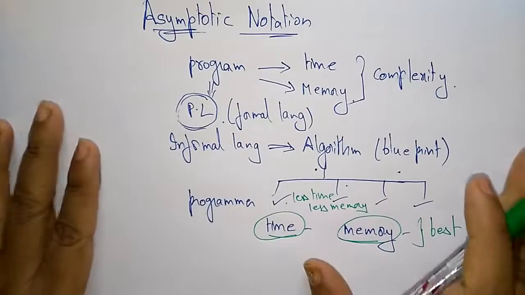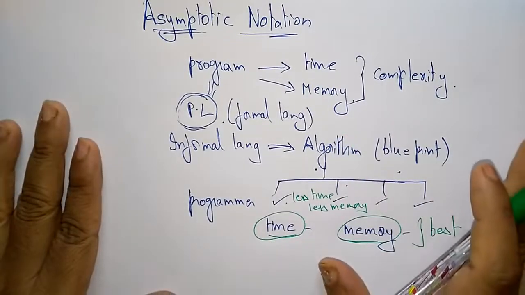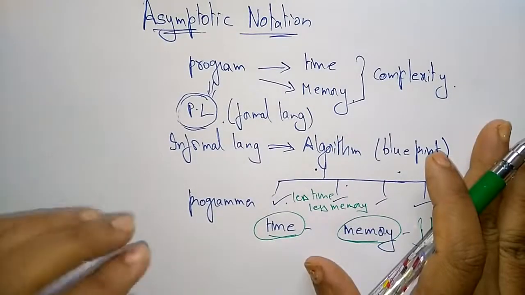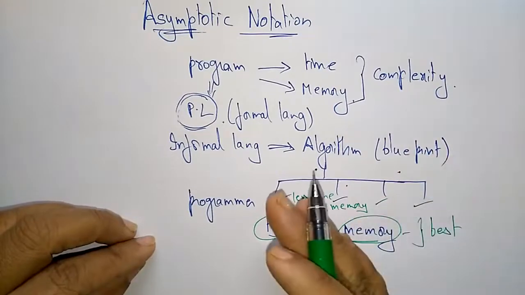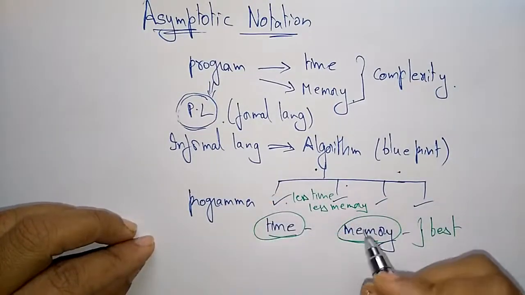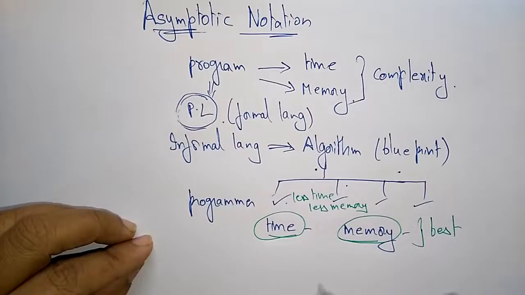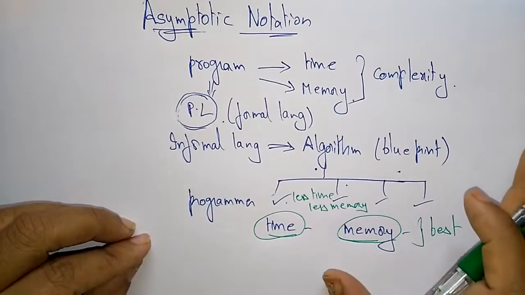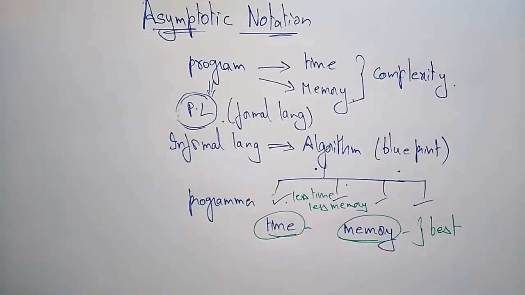That is the analysis of algorithms. The goal of analysis of algorithms is to compare algorithms mainly in terms of running time, but also in terms of memory requirements and programmer effort. Everything has to be considered so that we can select the best algorithm.